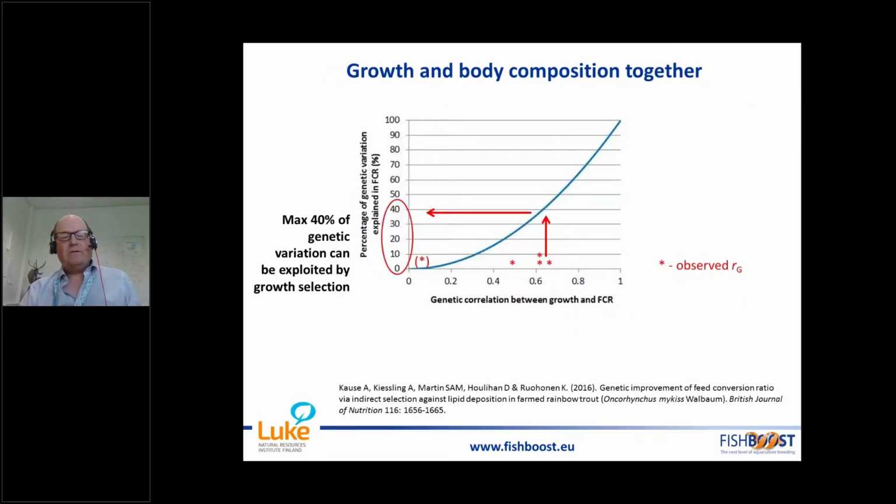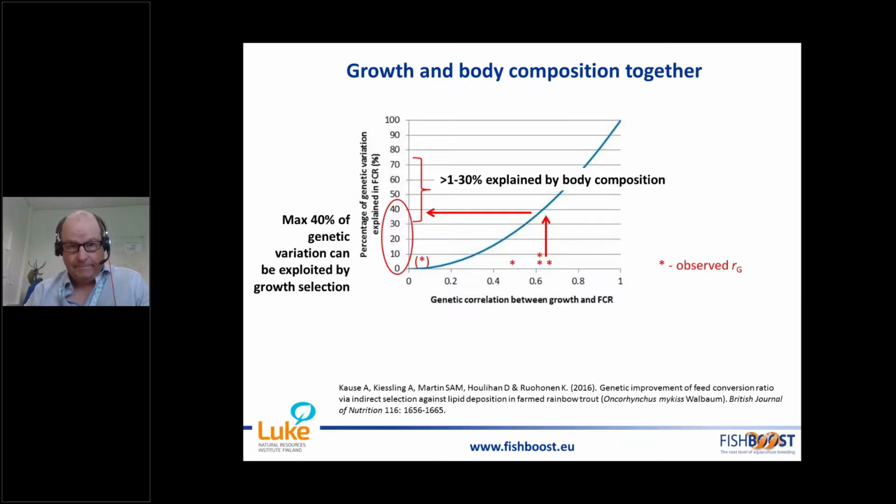Okay, we go back to the original graph. And now, on top of how much we explain with the growth, we add how much we can explain with the body composition in the FCR. The observations indicate that we can explain an additional, let's say, 0 to 30% of genetic variation by body composition.